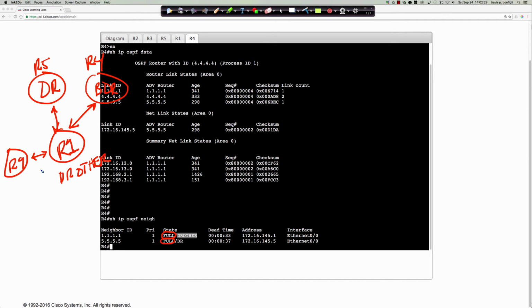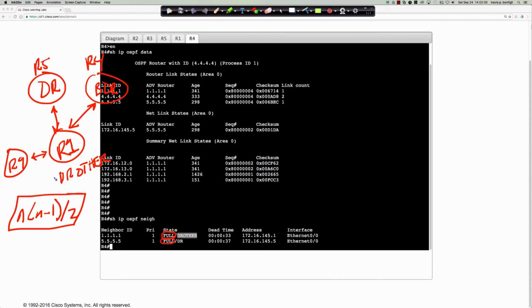They would form a DR other status, because you don't want a full mesh of adjacencies forming, because then you run into that n times n minus 1 divided by 2 scenario, which can exponentially grow to an unmanageable number of peerings, or adjacencies with other routers.